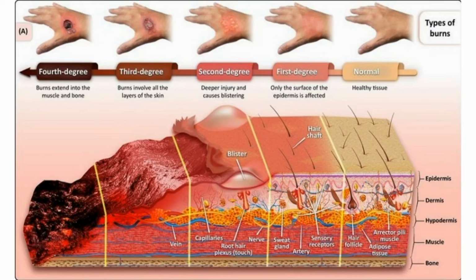Okay? Now it's important to know that if 10% of the body is burned, second degree or third degree, the patient is going to need a special wound care center. Okay? That's very important to remember. Now, if 10% of the body is burned, they're going to need a special wound care center for the child.